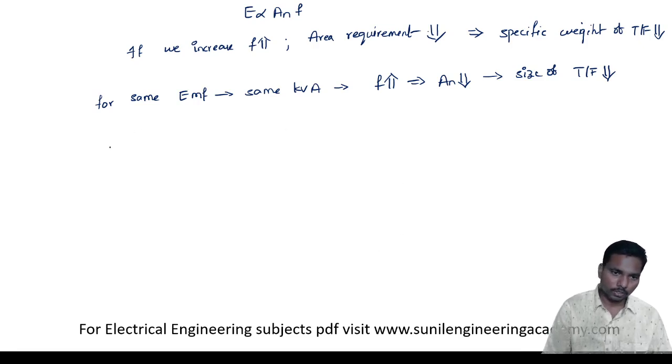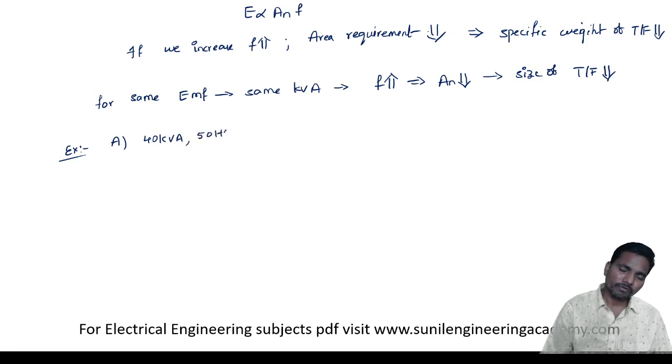For example, if we have three transformers, transformer A is a 40 kVA transformer operated at 50 hertz. Option B, the same 40 kVA transformer operated at 60 hertz.